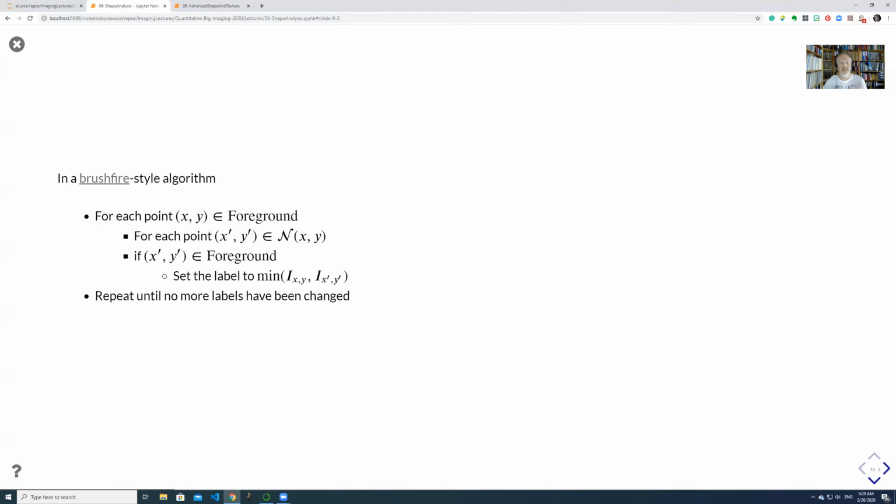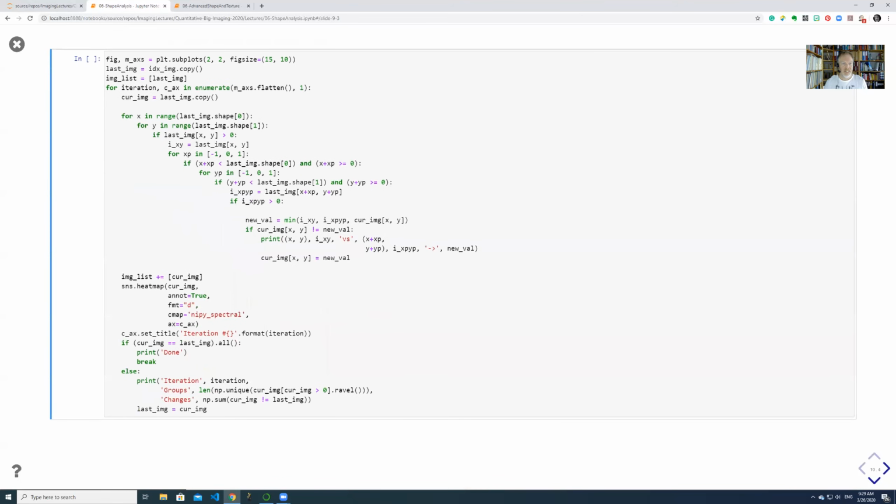And that's repeated until no more labels are changed. The implementation of such an algorithm would look something like this. Maybe quite a lot of code right now, but the important thing you can check is this line here where you get the new value, which is actually checking in the neighborhood. So we have a loop over the X and Y, and then we have inner loops around the neighborhood.